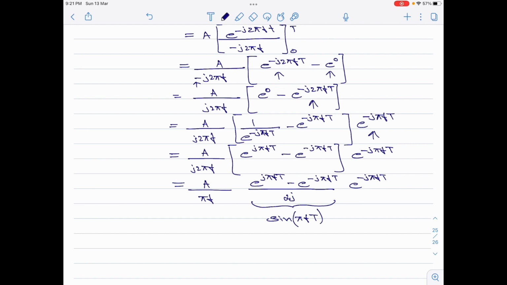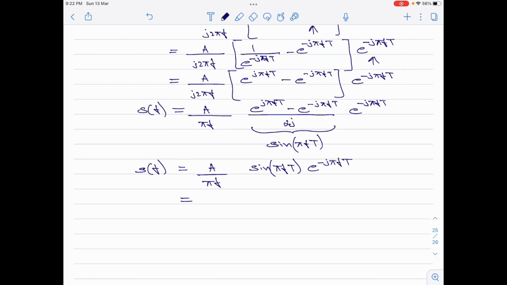Therefore, the expression for s of f reduces to, this is s of f, please note, it is a divided by pi into f into sine of pi f capital T into e to the power of minus j pi f capital T. Now, I am going to introduce t in the numerator here and the denominator here. So, this will be a into t into sine of pi f capital T divided by pi f capital T into e to the power of minus j pi f capital T. Okay.